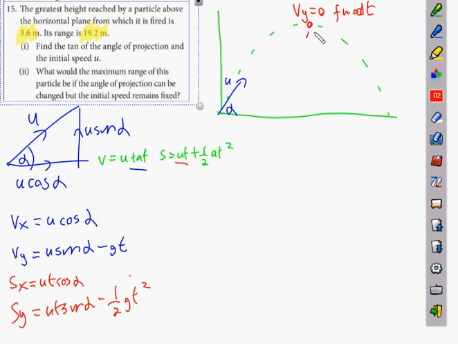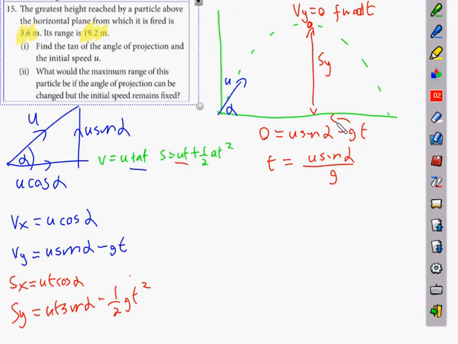Once you find the time, you're looking to find out what Sy is. So 0 equals u sin alpha minus gt. Therefore t equals u sin alpha all over g. You move the gt to the other side and divide by g.